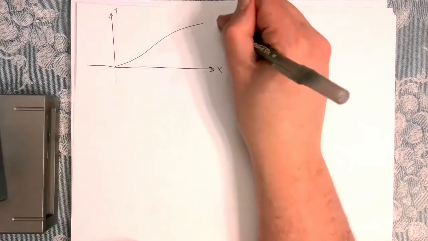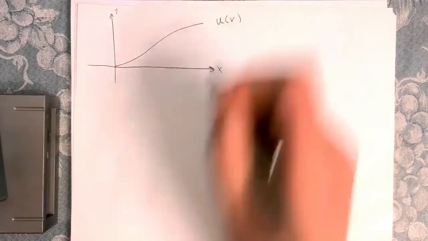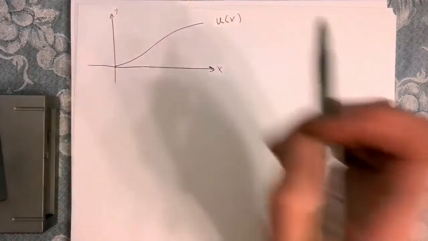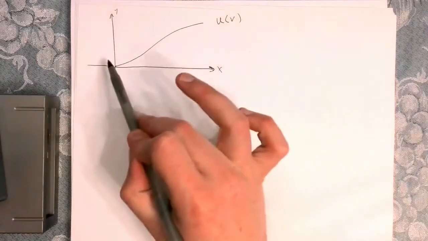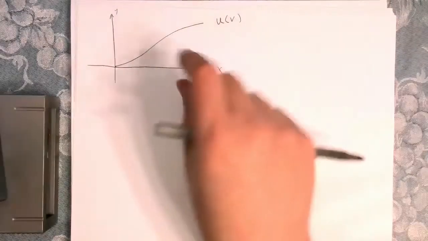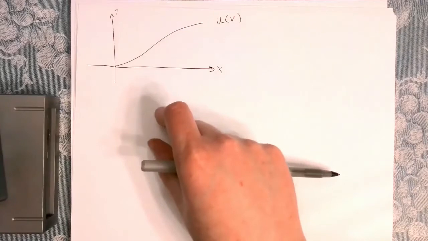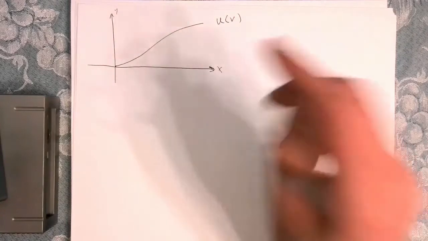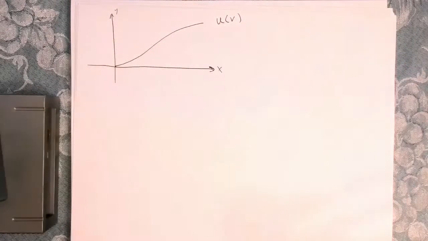Let's call this function u of v. I want to note this is not going to be a rigorous proof because we're not going to consider every case with our function. We're not going to consider if it's purely increasing, purely decreasing, half increasing, half decreasing, etc. And we're not going to consider it above, below the x-axis and sort of mixed. I'm just going to do sort of a plausibility argument.